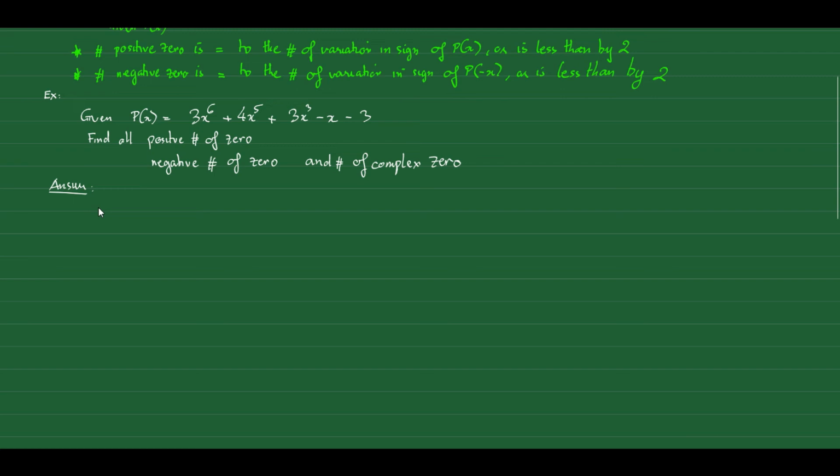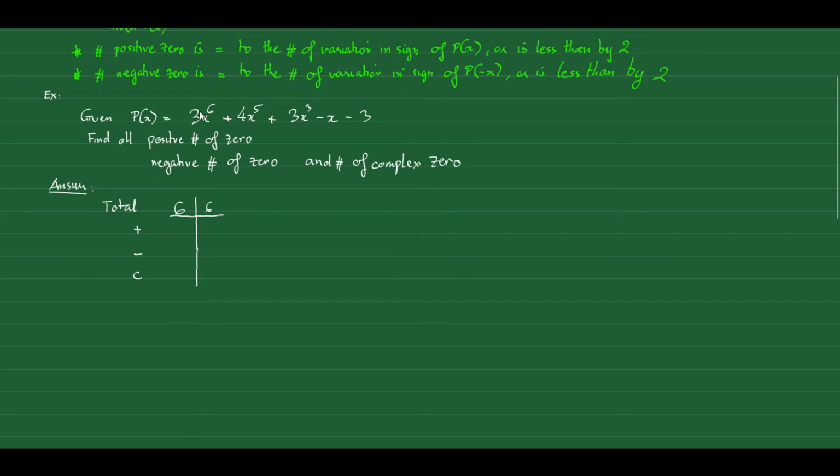That's the number of zeros we have, including complex and real, everything. So the total is 6. But how many positive? How many negative? How many complex?